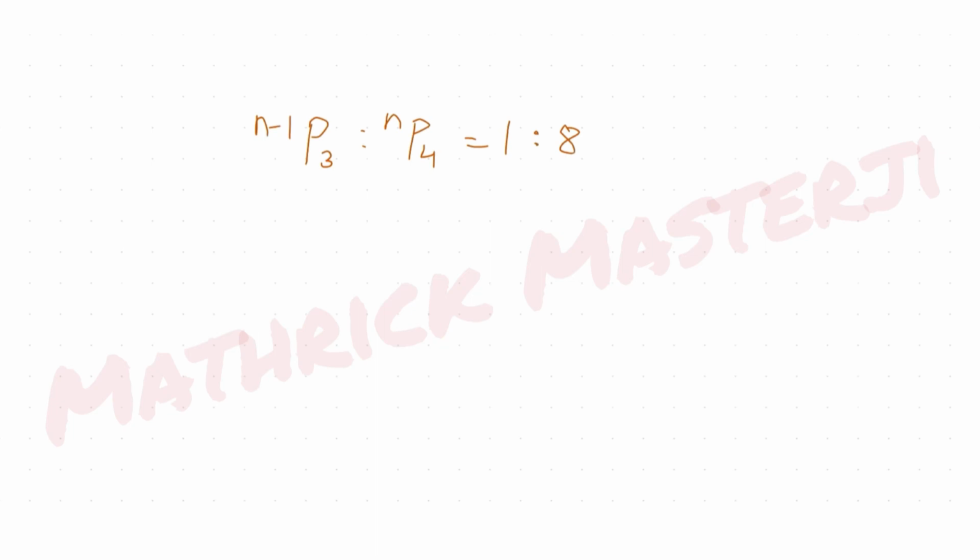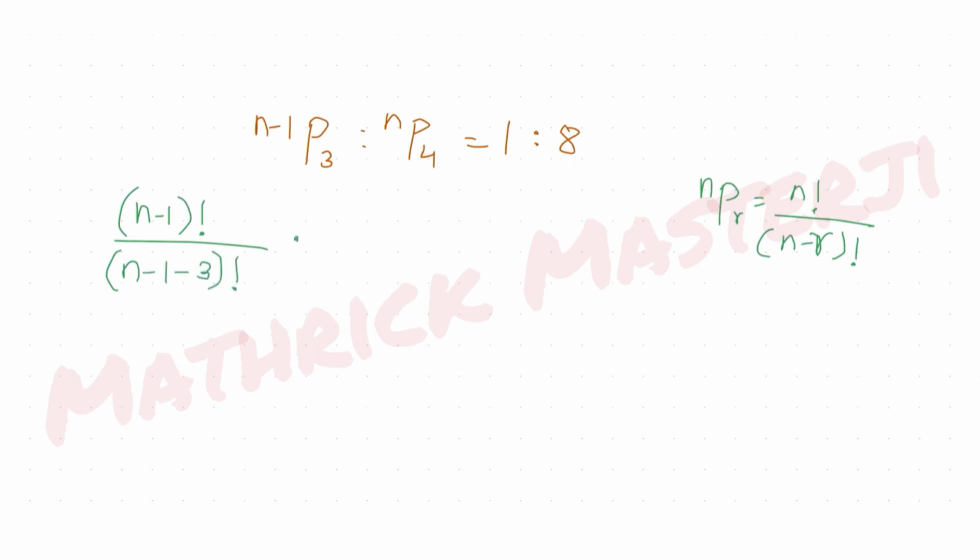I know nPr is given as n factorial over (n-r) factorial. Using that idea, (n-1)P3 is (n-1) factorial divided by (n-1-3) factorial, and nP4 I can write as n factorial divided by (n-4) factorial, equal to 1 : 8.